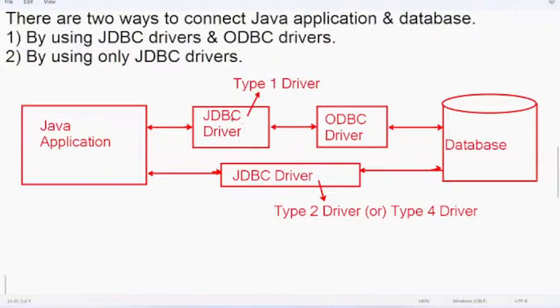It is like a translator. It converts Java instructions into an ODBC understandable format, and then the connection is established. Later, it was taking more time to connect, so other drivers came. That is type 2. But why type 4, why type 3, I'll explain. Today you cannot understand everything. Okay. Now, write this diagram.